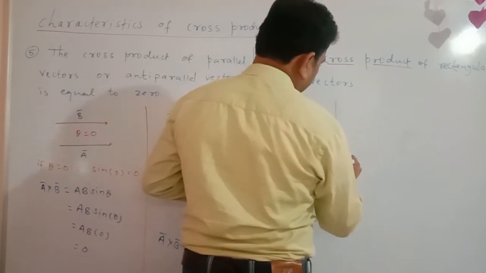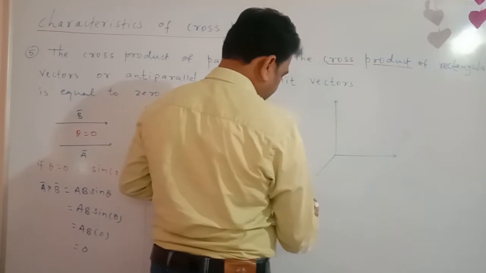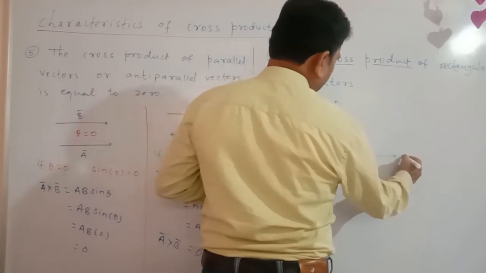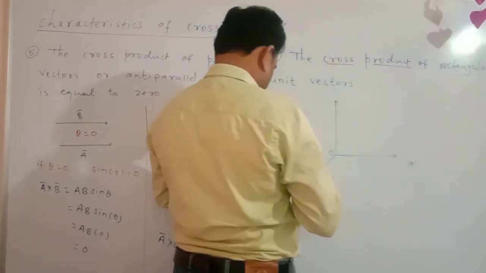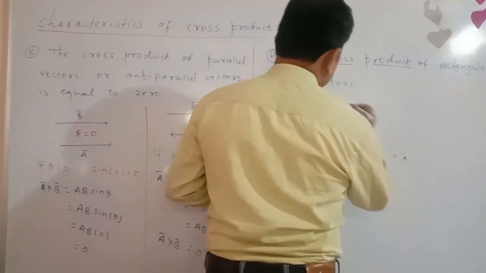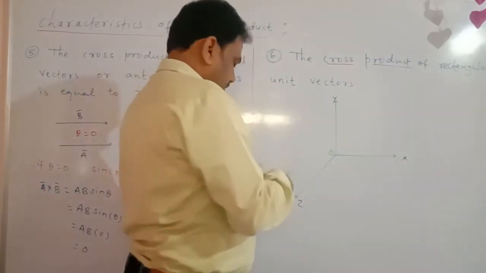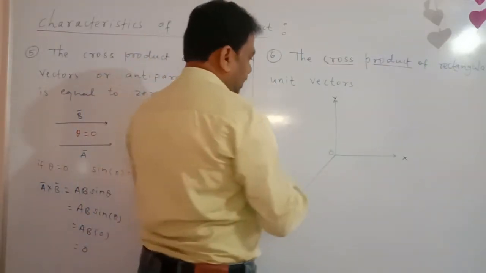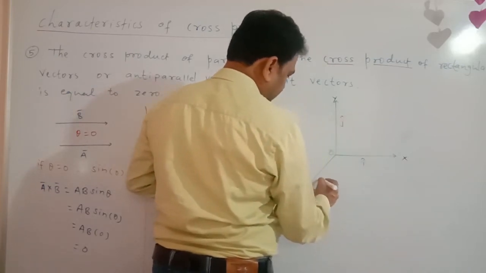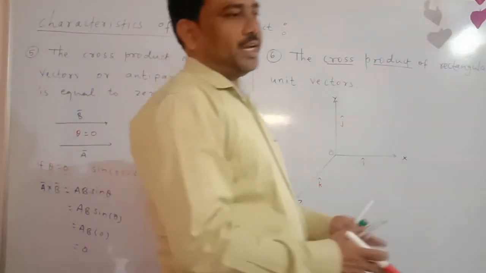Suppose these are the vectors which are mutually perpendicular to each other. So this is the x-axis, y-axis, z-axis, and the unit vectors of the x, y, z axes are i cap, j cap, k cap. So i cap, j cap, k cap are the unit vectors of the x, y, z axes.